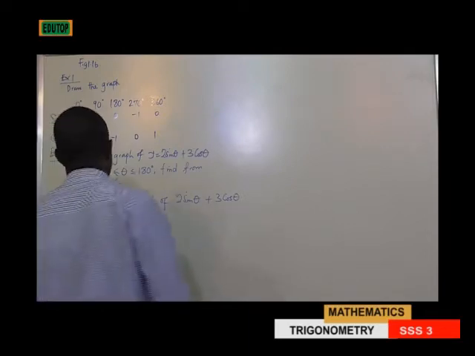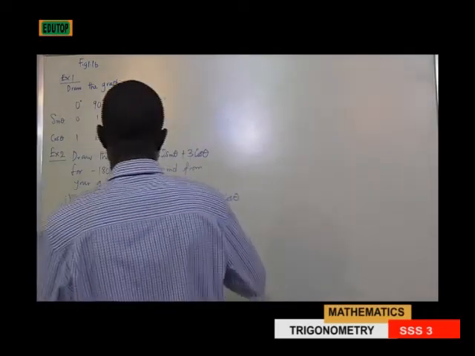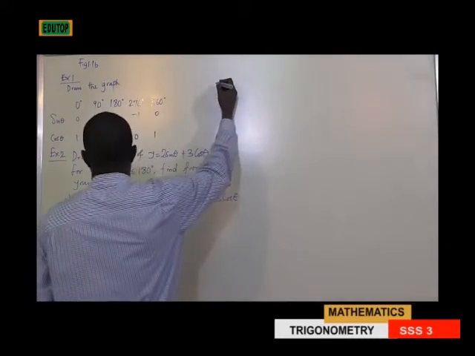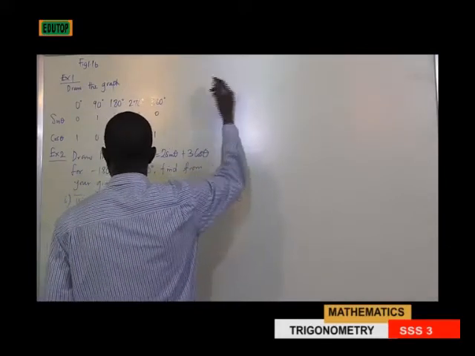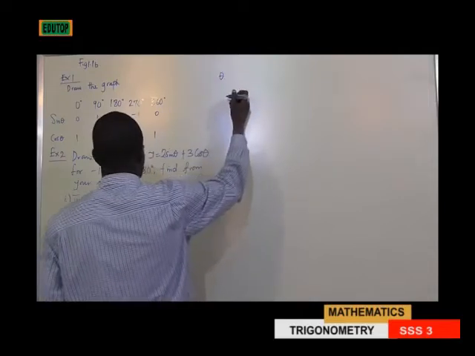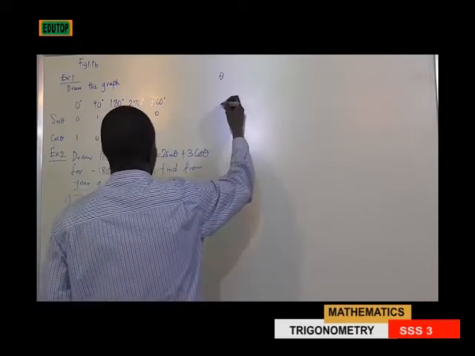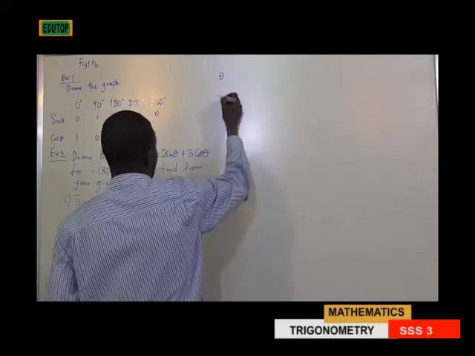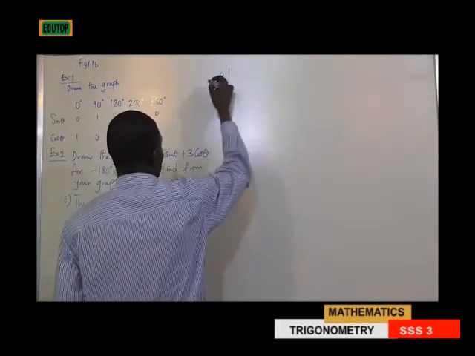And how can that be done? That can be done simply by preparing a table of values. We have theta against our y. So this is what we're going to have.